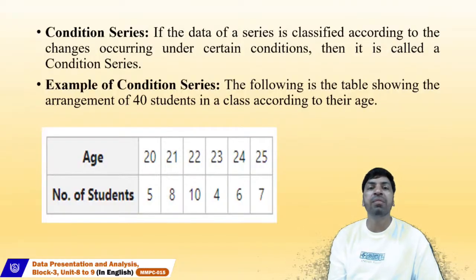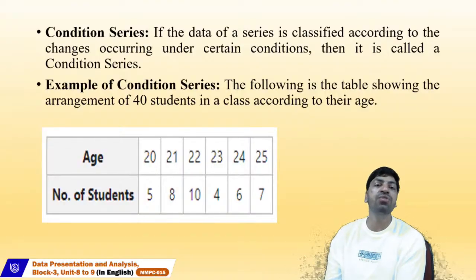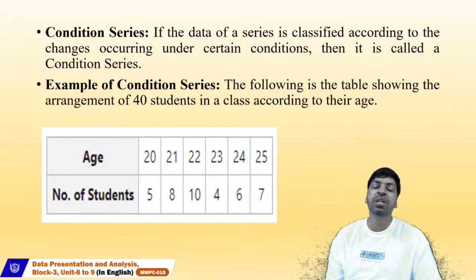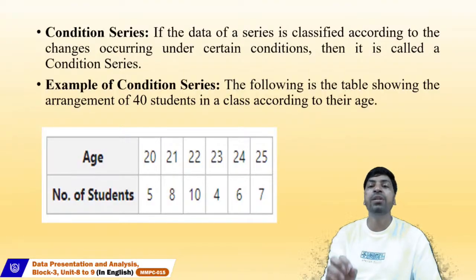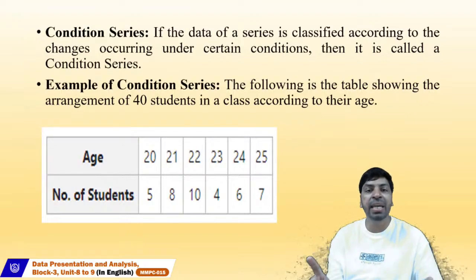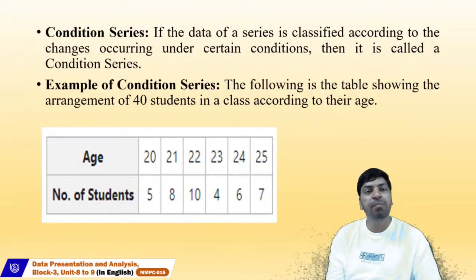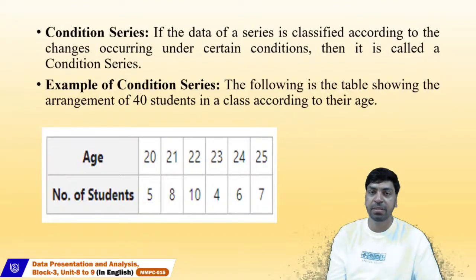So the age is already given, 20 to 25, and the number of students is given: 5, 8, 10, 4, 6, 7. That means 40 students have been arranged and, according to the age, the number of students has been classified based on one condition, that there should be 40 students in the class, and according to the age, the 40 students have been classified, and that becomes a condition series.